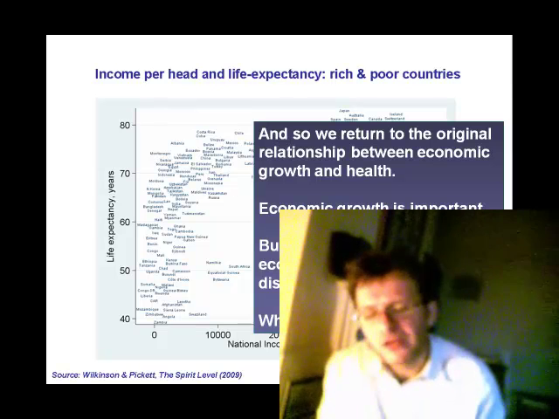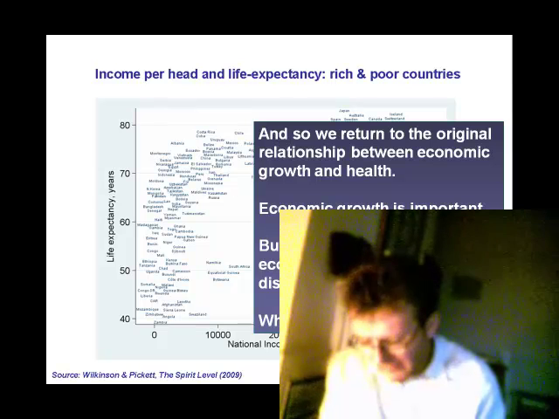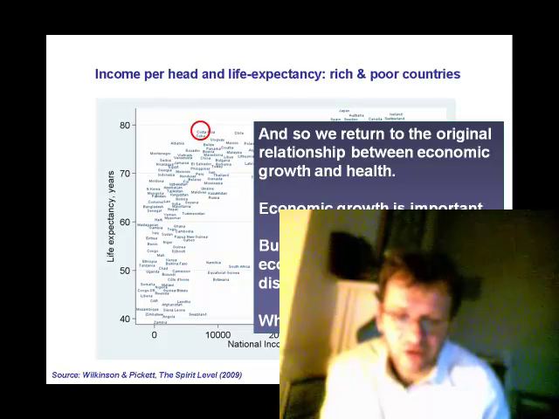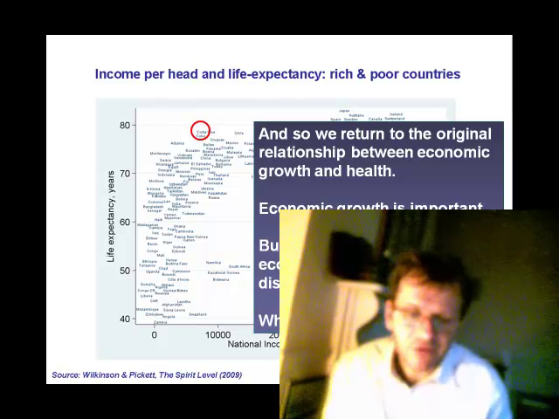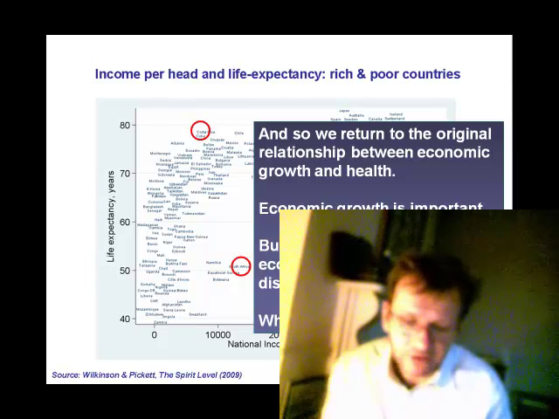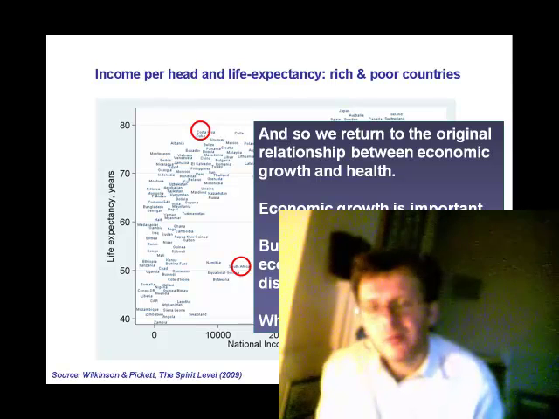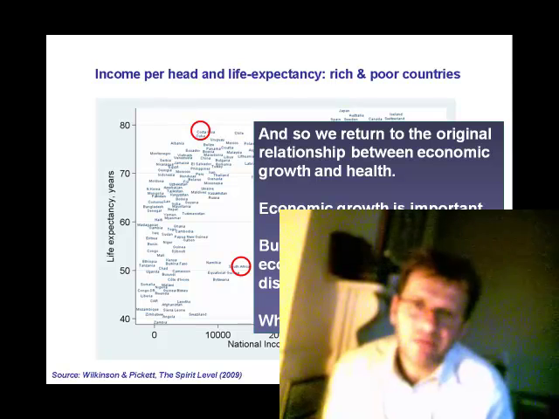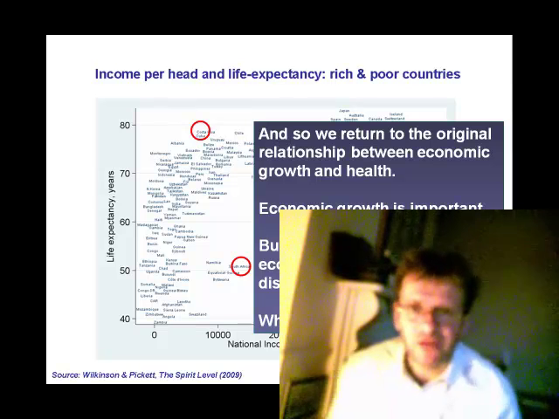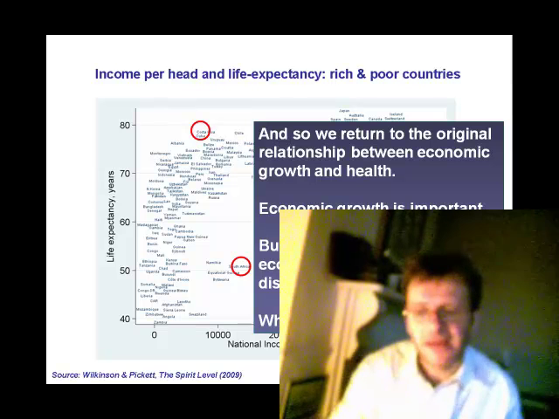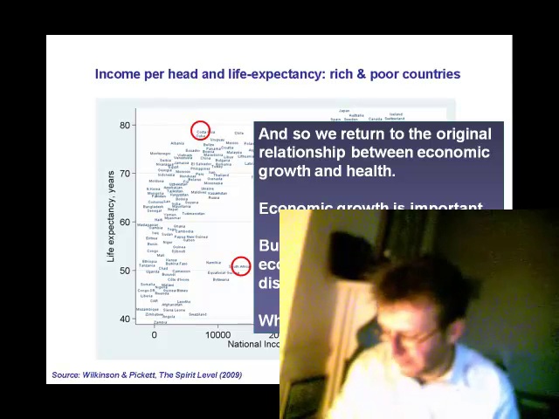But we've also seen that just as important is how the economic benefits are distributed across society. And again, if we look at the example of Costa Rica and Cuba on the one hand, or South Africa on the other, we can probably start to see that there have been very different government policies that have influenced the population's susceptibility to illness and their vulnerability to illness.